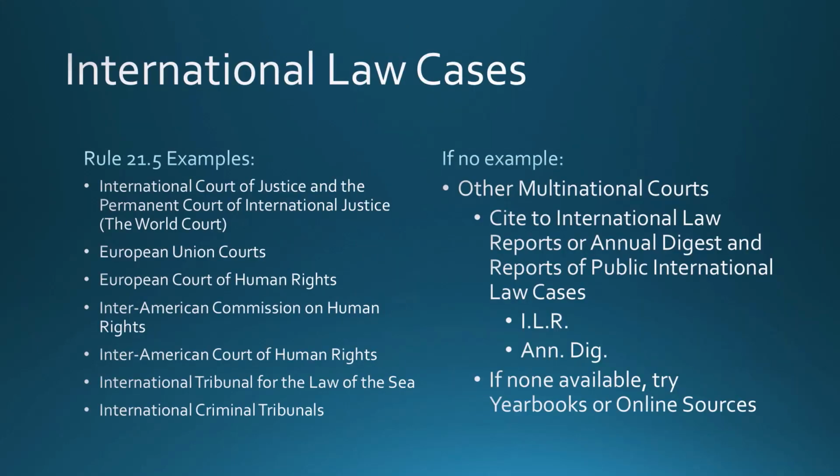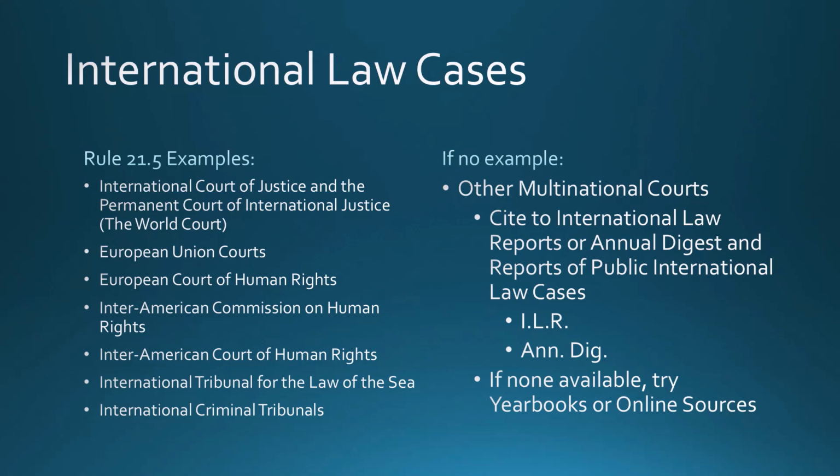The Bluebook gives examples of citations to the most common international courts, but you may come across a court that isn't on the list. If you cannot find a clear example of a citation to that court, try to mirror the citation for the ICJ or a similar judicial body.